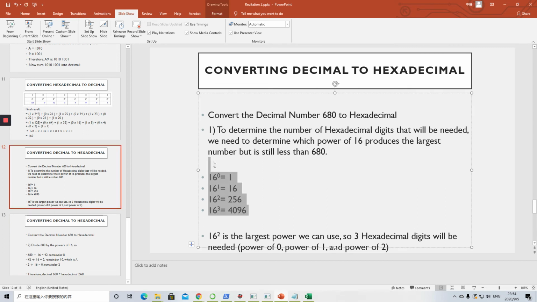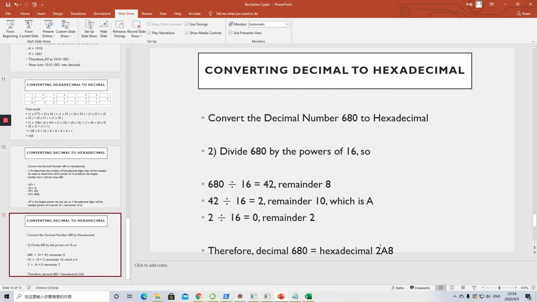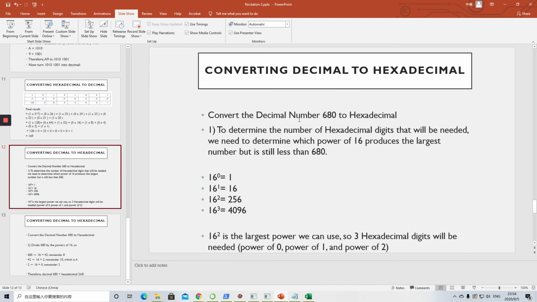So for this step, we need an approximate measurement of how many digits this hex number could be. Okay, so we have a decimal which is 680.